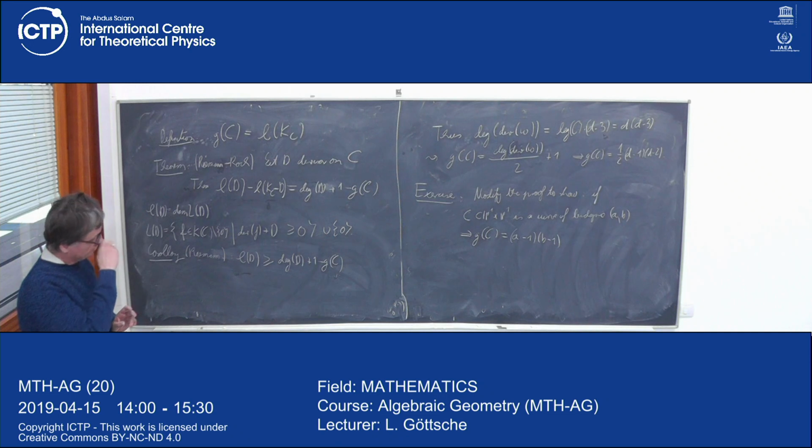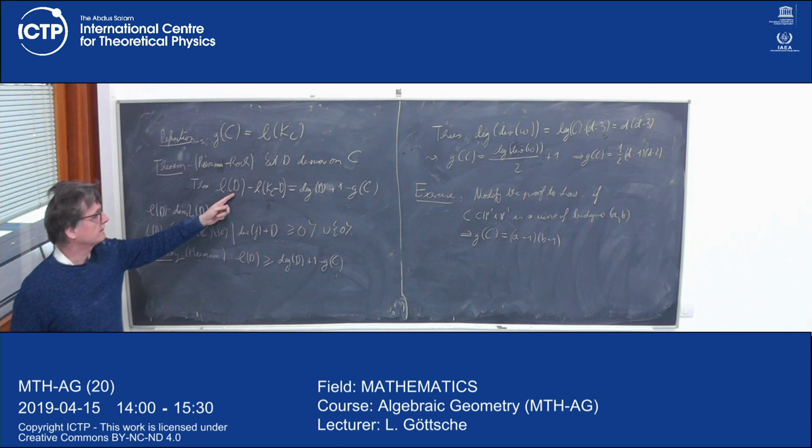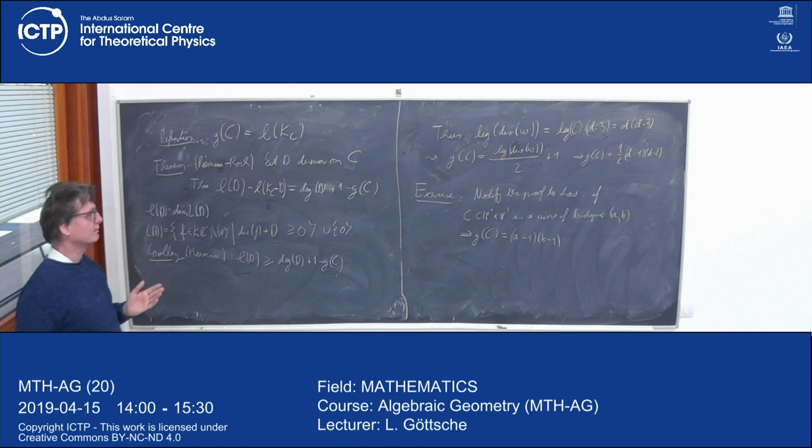I should say, this thing has very far-reaching generalizations. You can generalize this to varieties of arbitrary dimension, and instead of L of D you can take sections of any vector bundles. This is the so-called Hirzebruch-Riemann-Roch theorem. Hirzebruch was my advisor, so that was what made him famous.